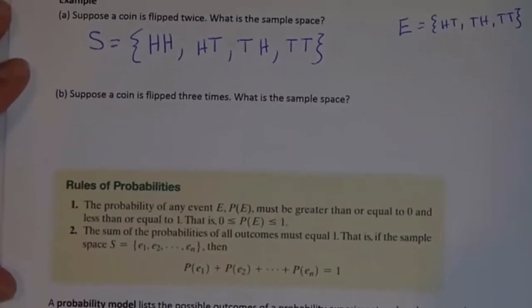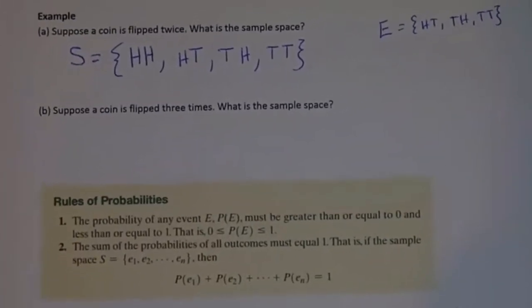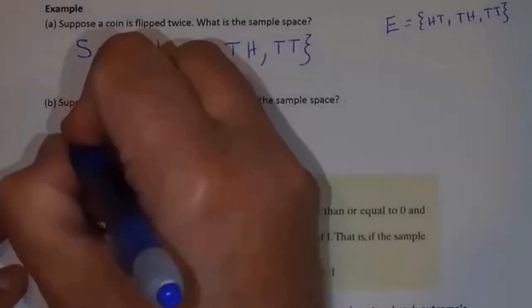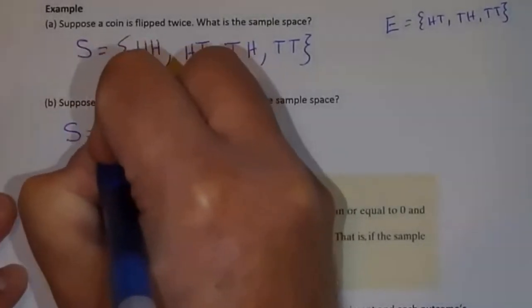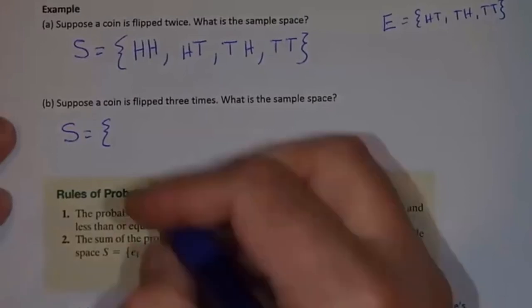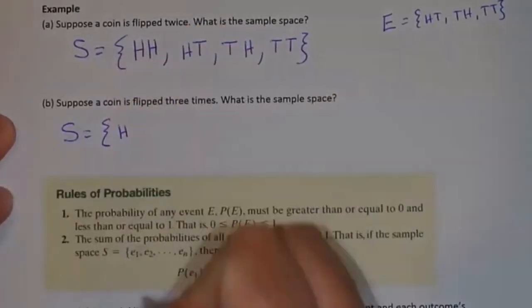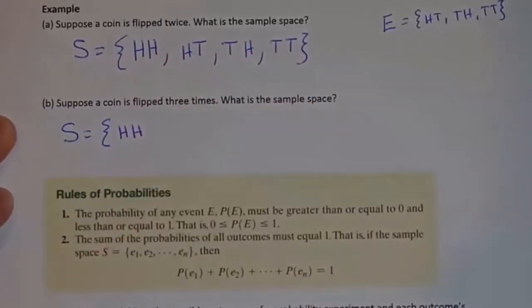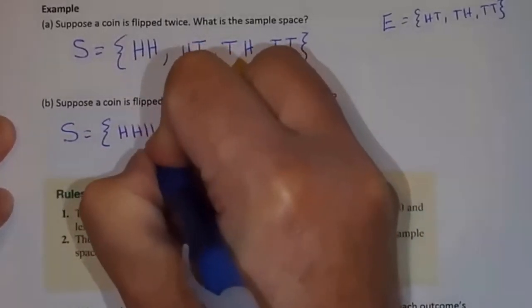B, suppose a coin is flipped 3 times. What is the sample space if I flip the coin 3 times? Well, the more flips, the harder it gets to list all of the possible outcomes. I could possibly get heads on the first flip, and then heads again on the second flip, and then heads again on the third flip.